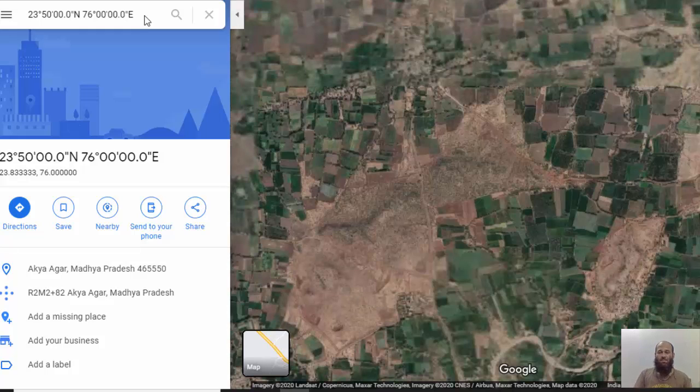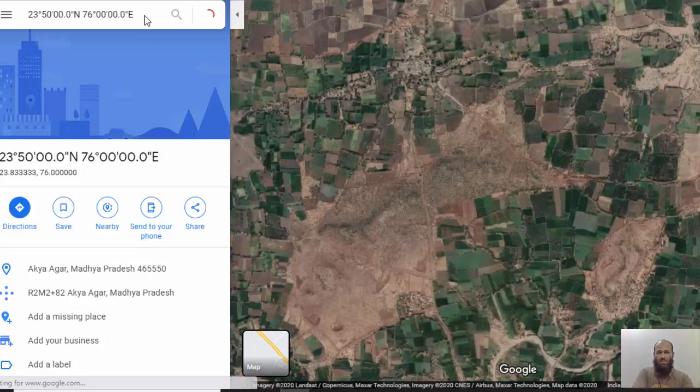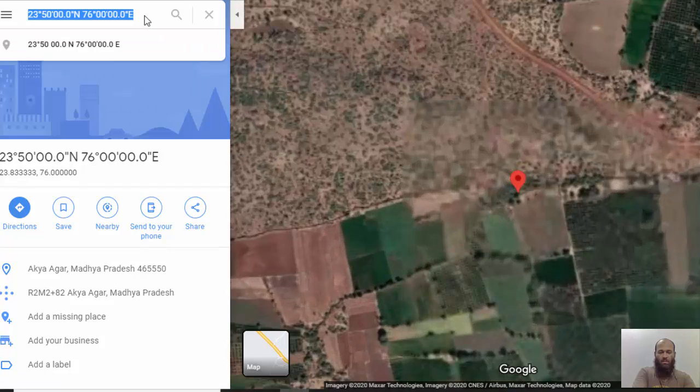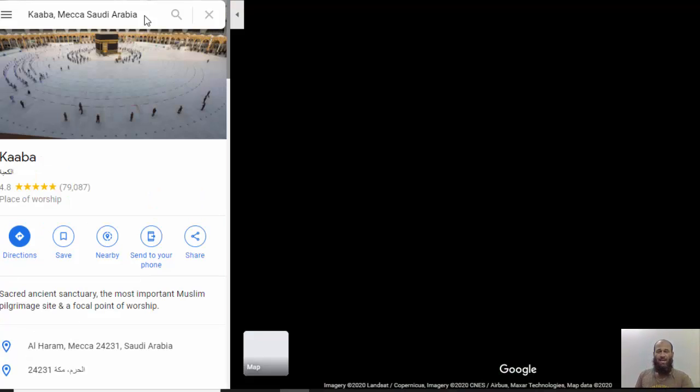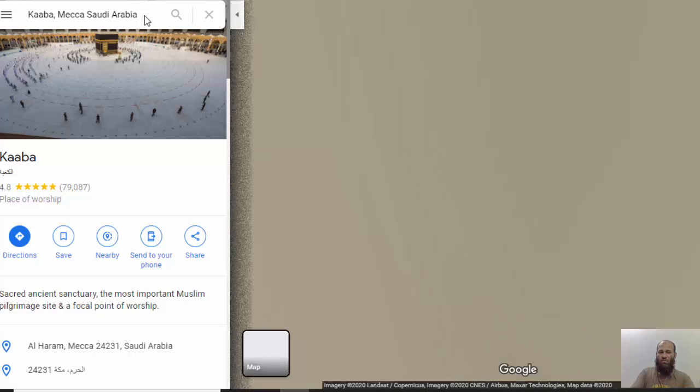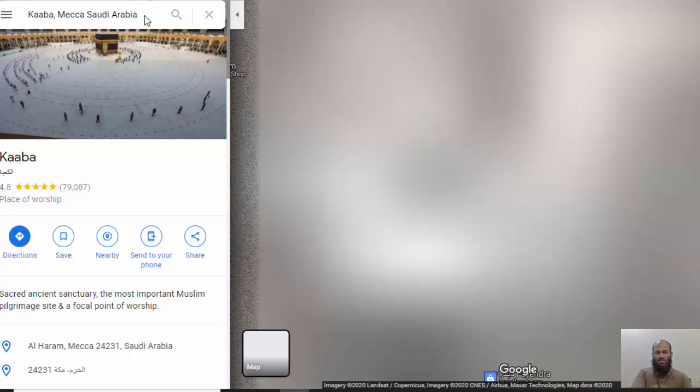So isn't it amazing? You can search about any place in the world, for example Kaaba, and you can find out its coordinates as well. If you punch in those coordinates in any high-tech device, you will find that same place.